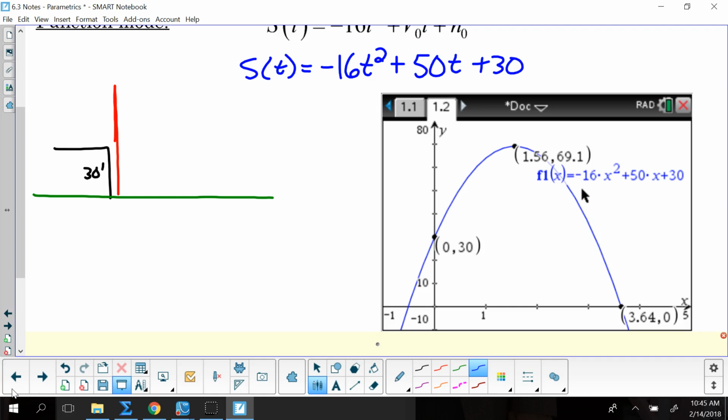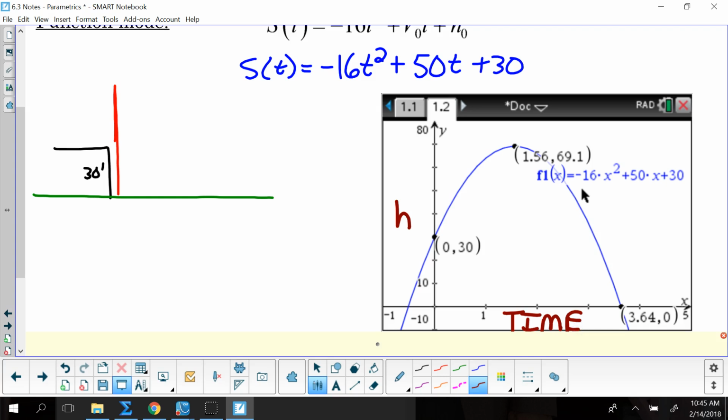Now, is that the true path of my ball? No, because what is that graph representing? If I labeled my axes, it'd be height up here, and it would be time down here, right?